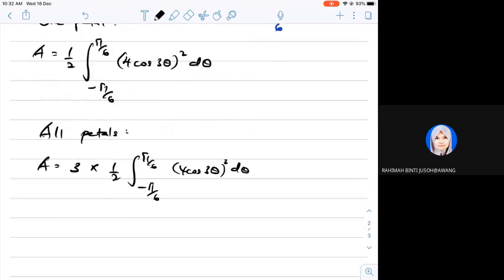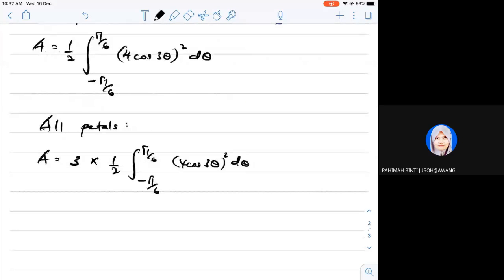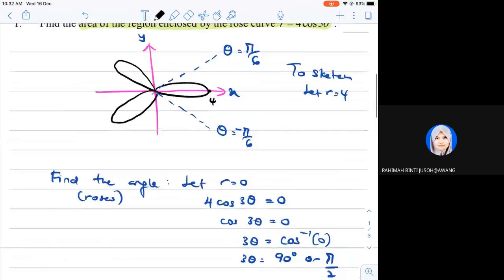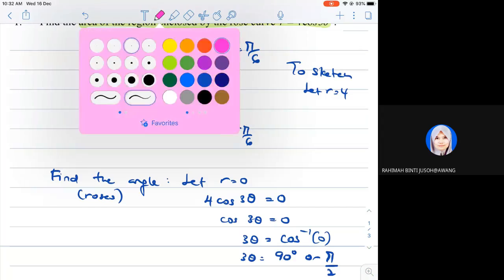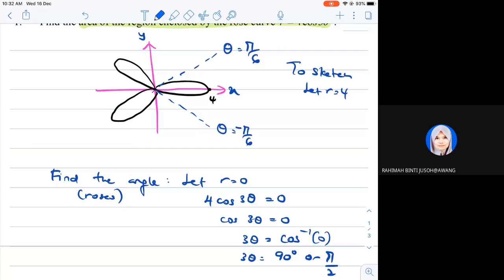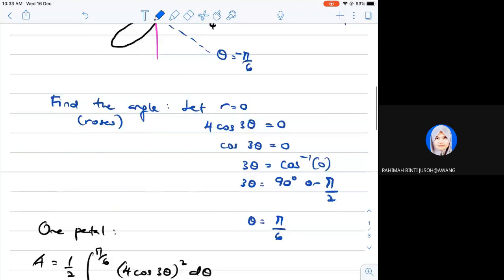Okay guys, so this is one formula. Or another formula is you can consider half of this. Let's say I take the blue marker pen. You can consider this half petal. So when it is half, we will take the angle from 0.